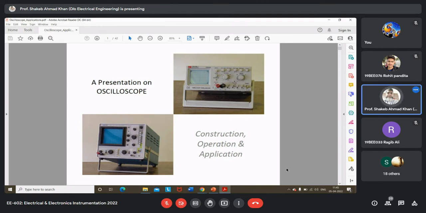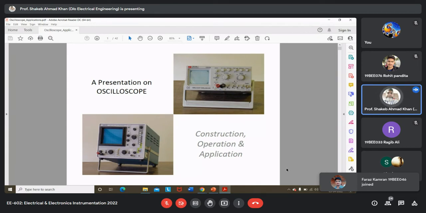Many applications are there. You can use it as a detector in a bridge circuit, whether your bridge is AC or DC. Its resolution is very high, so it is a very accurate and a very versatile instrument, you can say.